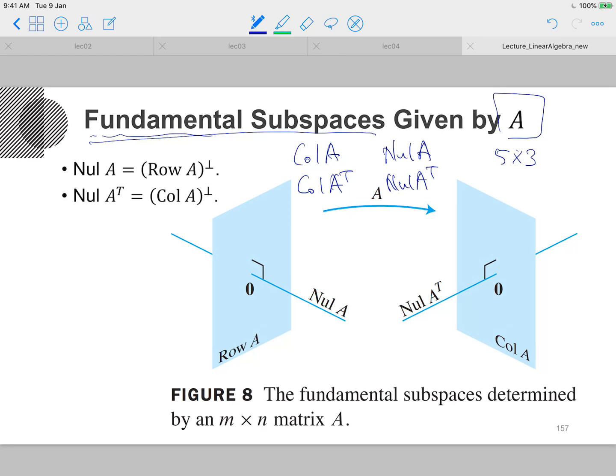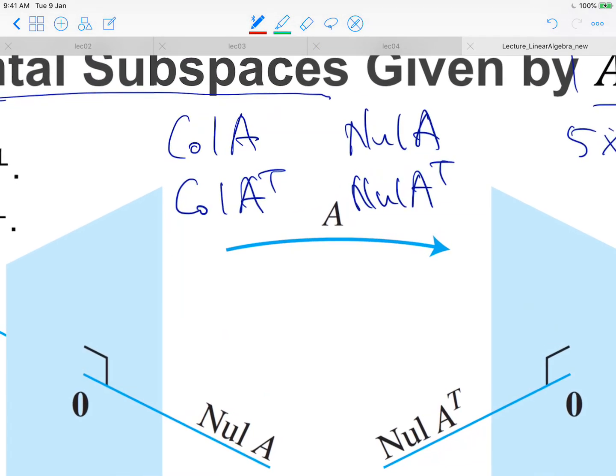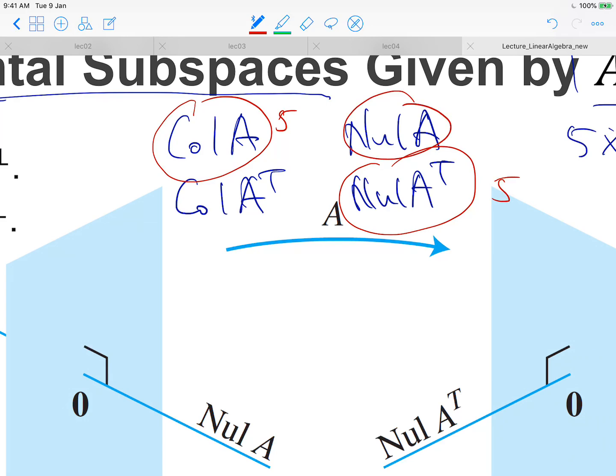In terms of the total dimensions, this one is 5, this one is 5, this one is 3, and this one is 3. So these two are connected, and these two are connected.